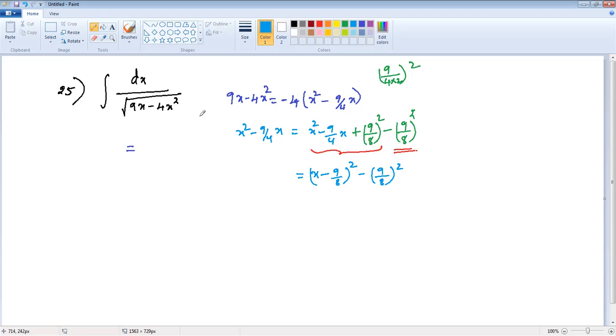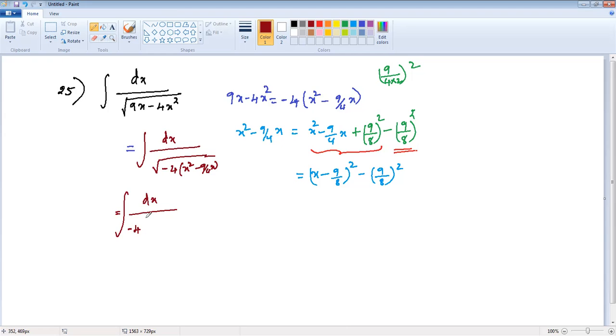Yeah, now you can replace it here. So you get it as integral dx by square root of, that is equal to integral dx by, actually this 4 you can take outside and the minus square root.